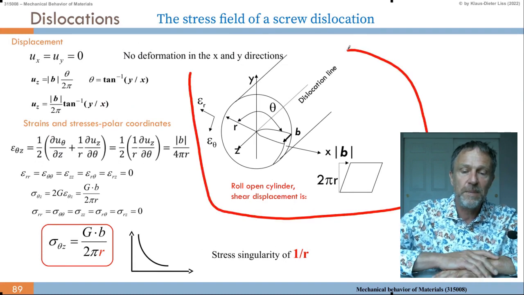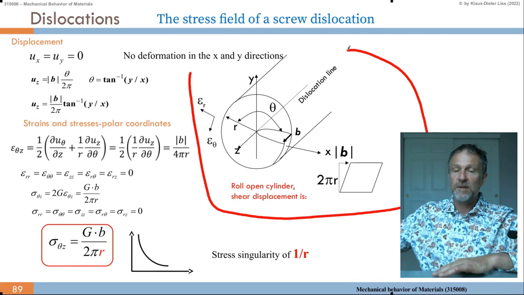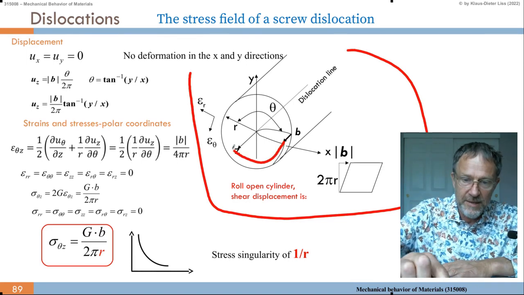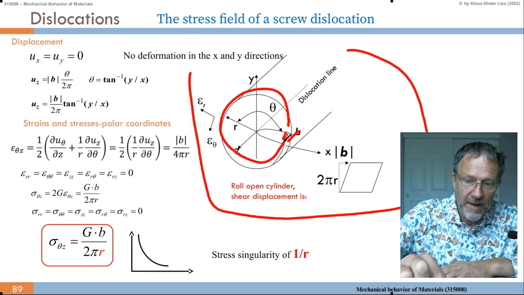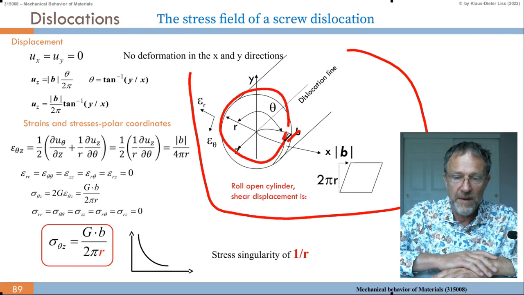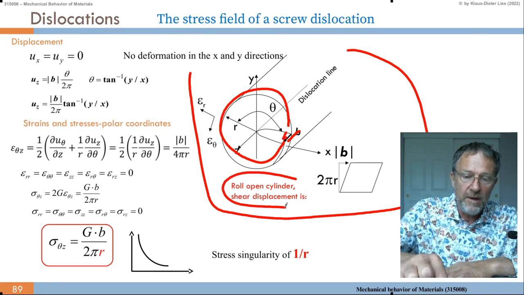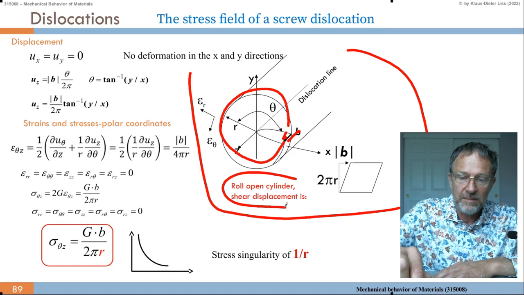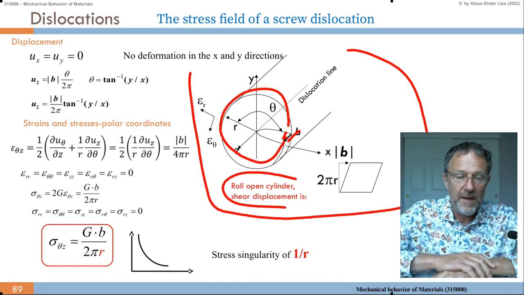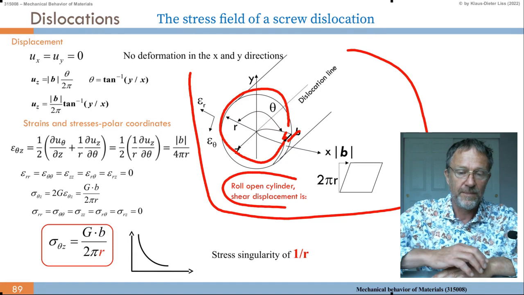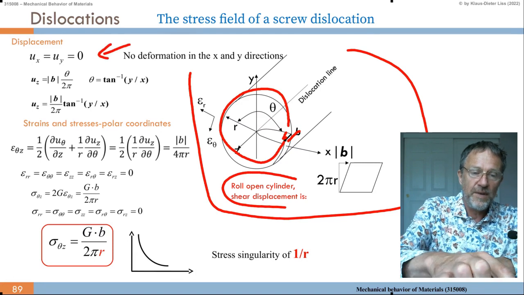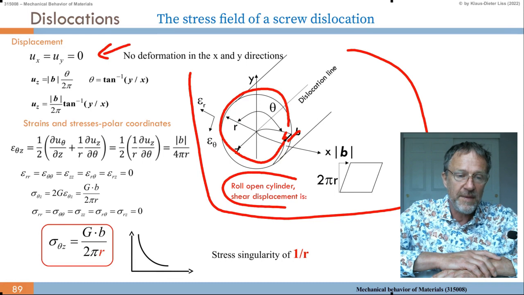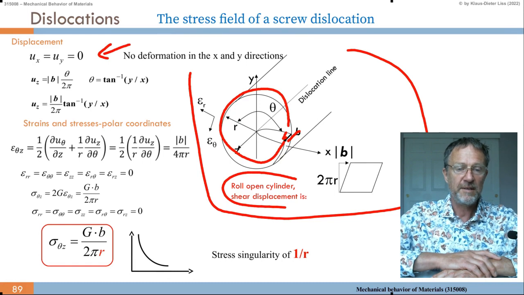So how do we get the displacement in the screw dislocation? We go once around here, the dislocation, and then we have a displacement of b, the Burgers vector b. So if we open the cylinder, we cut it and then open it, then the displacement as a function of theta is b. Moreover, we can say the ux and the uy, they equal 0, and we only have the theta component.